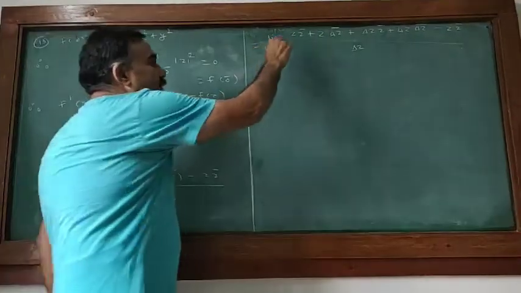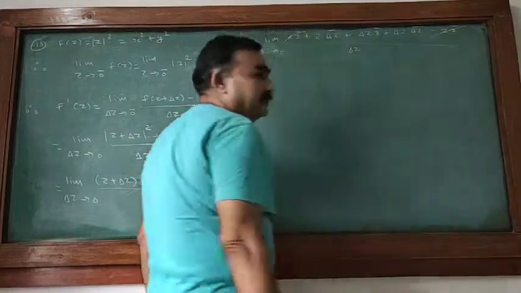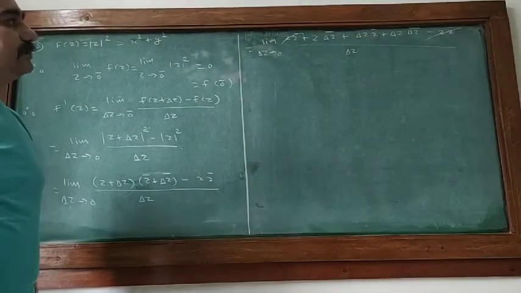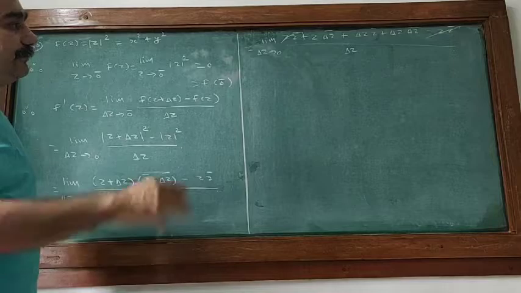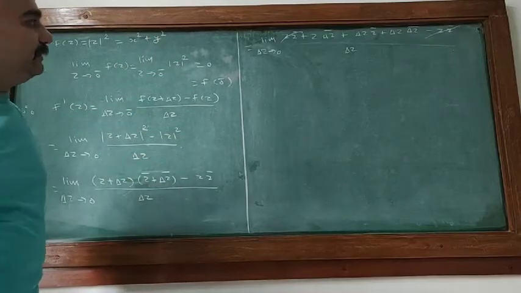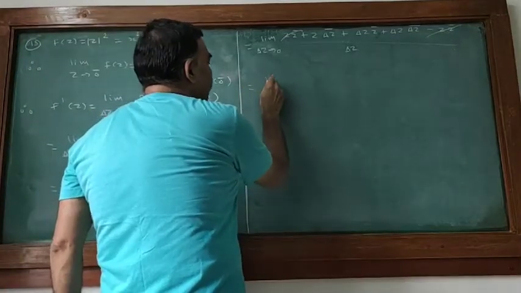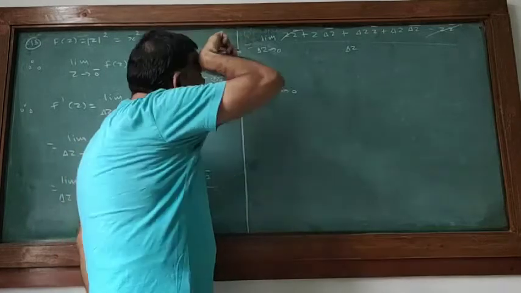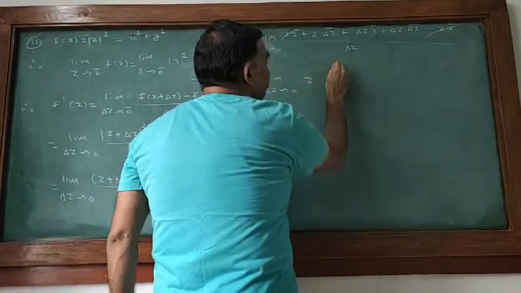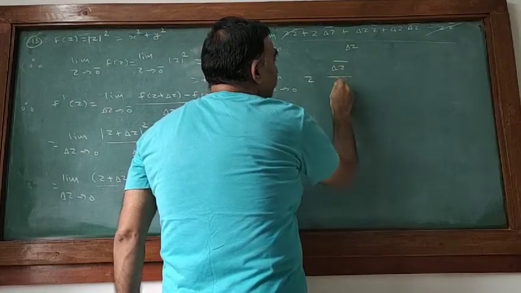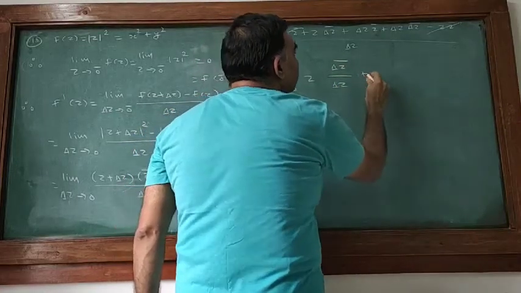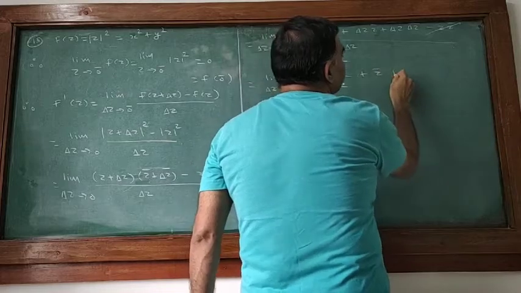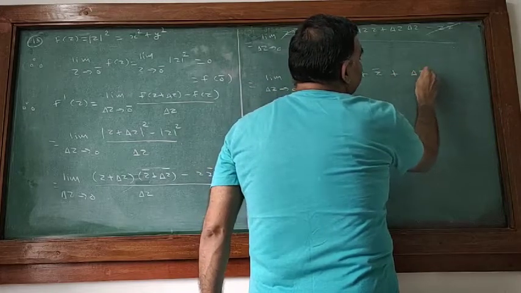So both these values are cancelled as they have the same values but opposite in sign. Now which terms are there? This is equal to limit delta z tends to 0 of z delta z bar upon delta z plus z bar plus delta z bar.